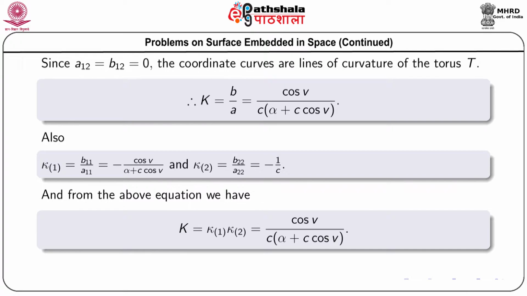And from the equation of the principal curvatures, the Gaussian curvature also is a product of the principal curvatures kappa 1 and kappa 2, which is coming to cos v by c times alpha plus c cos v. So, the above value is coinciding with this one.